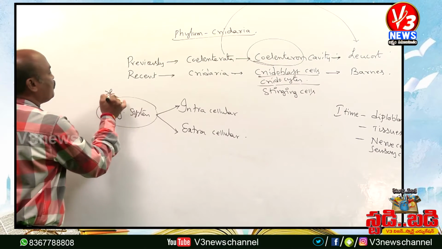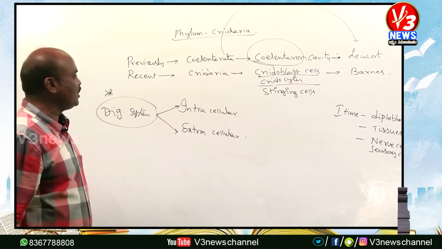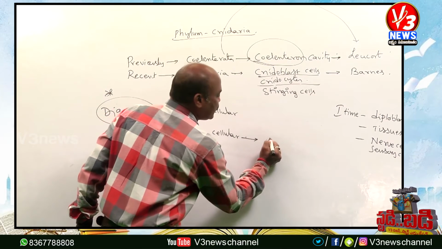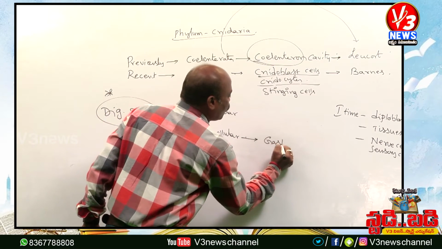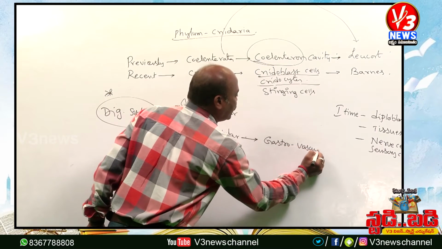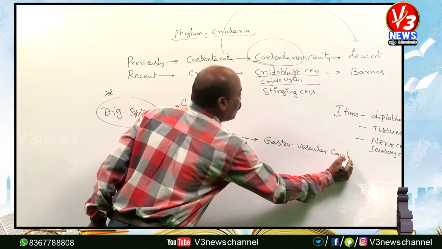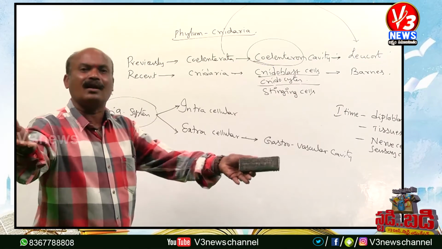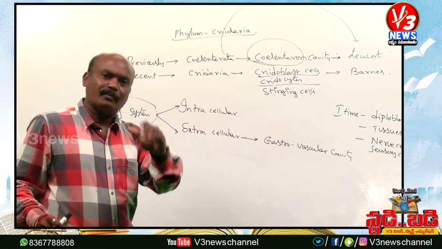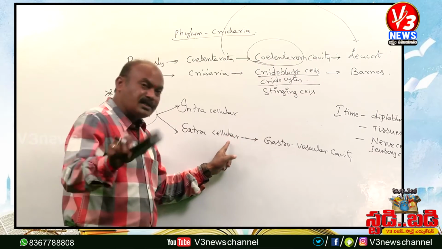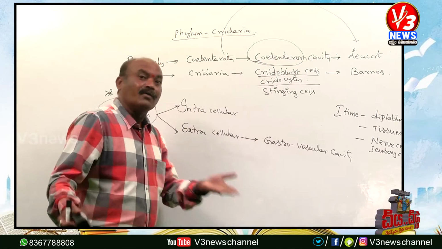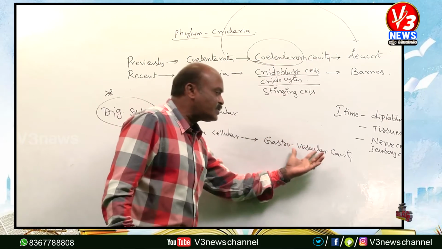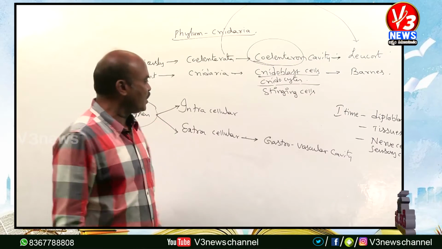This is one important point regarding the NEET examination. The extracellular digestion takes place in the gastrovascular cavity. Extracellular means outside the cell, that is in a cavity. Which cavity is present in Cnidarians? Coelenteron cavity, otherwise called gastrovascular cavity.